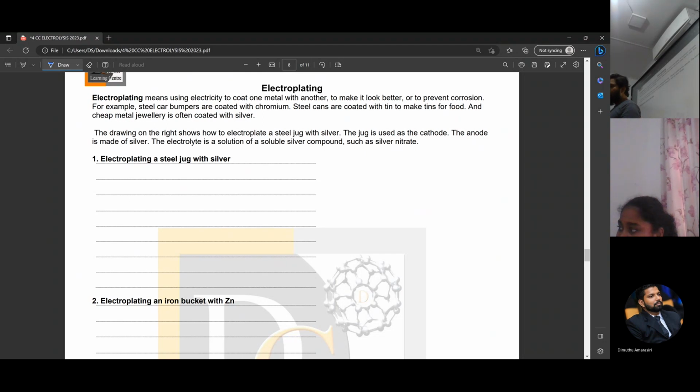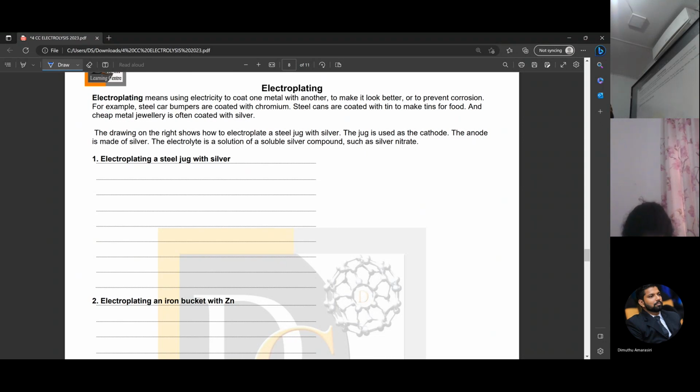And in aqueous solutions, the ion of the less reactive element undergoes discharging at the cathode. In aqueous solutions, the ease of discharge table should be used for the anode reactions, right? And then I taught you one extra rule at the beginning. What is that? Active anodes, right?